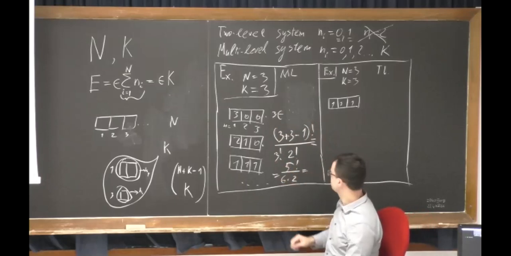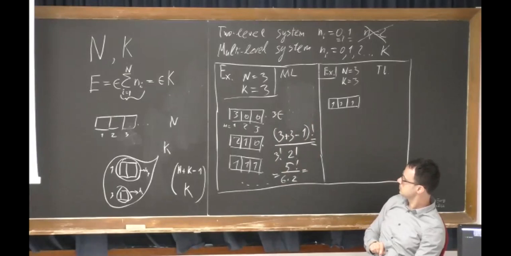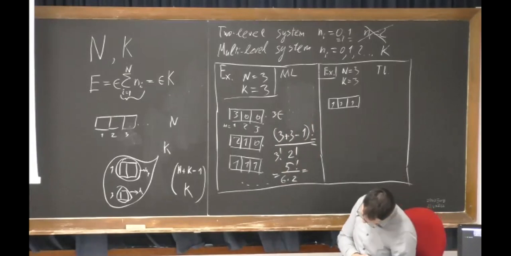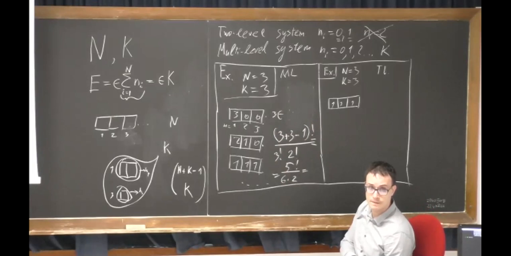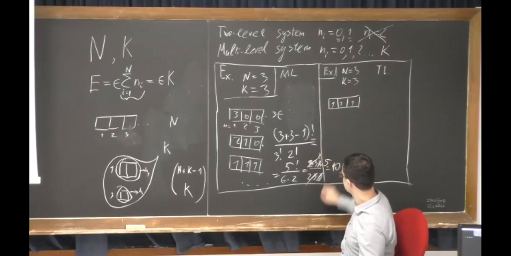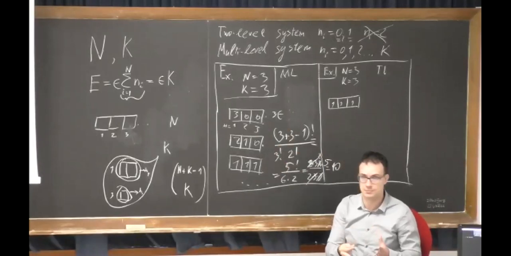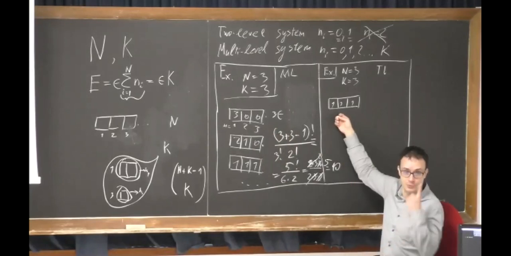What does 5 factorial give us? 5 factorial is 120, over 12, which is 10. Okay, there will be 10 configurations because you can excite many times the same state. Here, in the two-level system, we have just one combination.